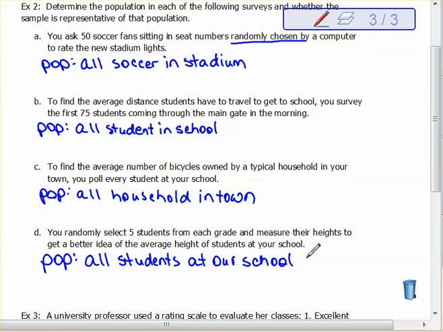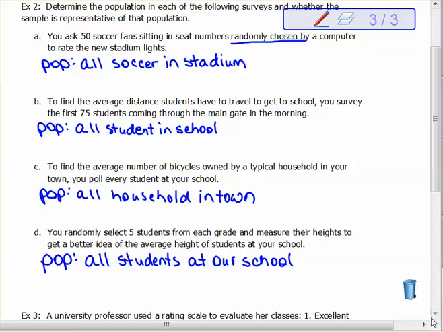Now, is randomly selecting 5 students from each grade and measuring their heights going to be a fair representation of that population? And in this case, yes, it would be, because you're randomly selecting 5 students from each grade. So that's a simple random sample of your greater population.